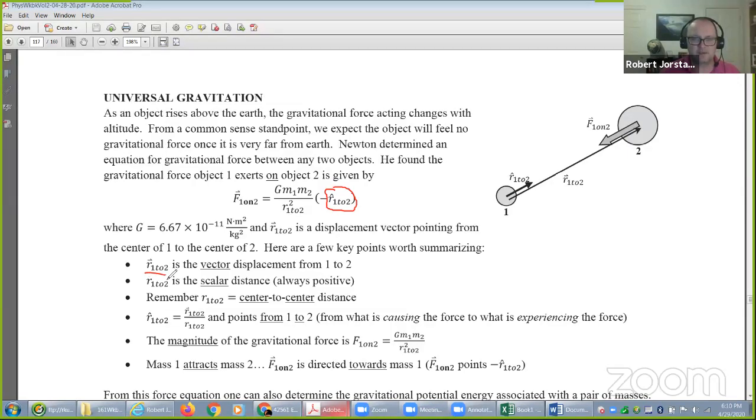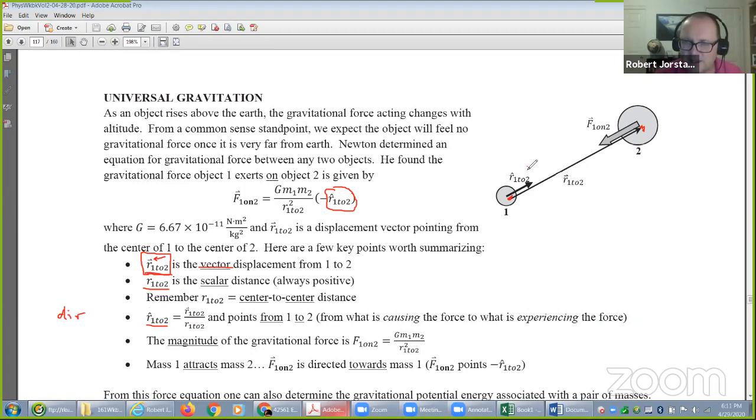What do these things mean? This is a vector. It's not a hat. It's a vector, and it's going from 1 to 2, center to center. So R12 is the distance, R12 is the vector, R12 hat is the ratio. That's the direction.